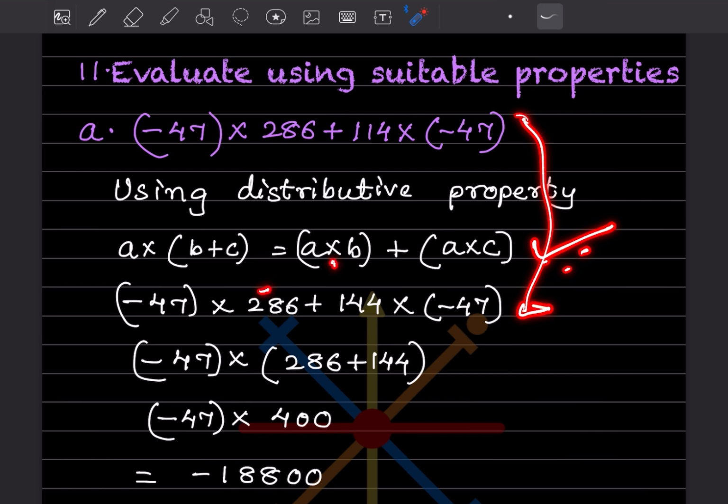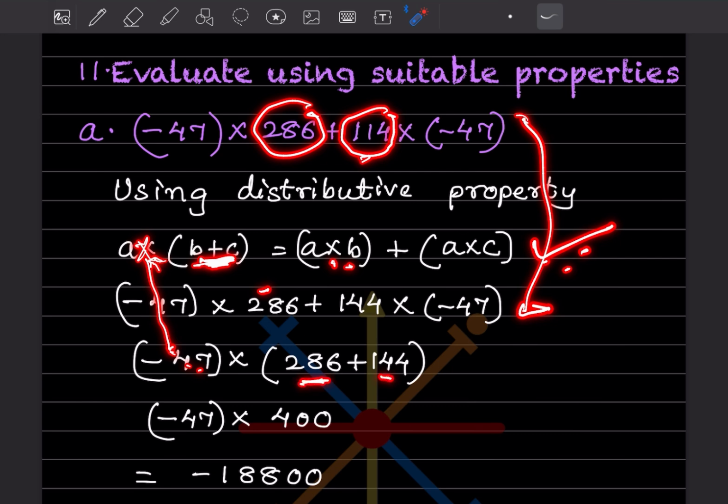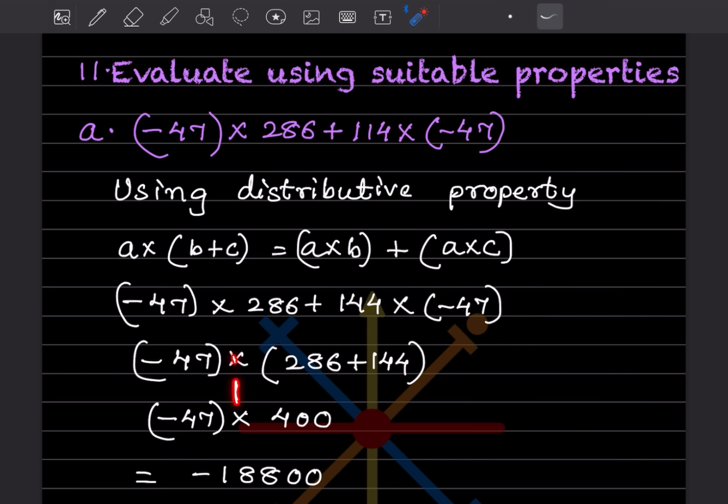So now look here, we can write this as A, that is minus 47, and this B plus C. So B plus C, this is a multiplication sign, B plus C, we know B is 286 and this is 114. So we write here 286 plus 114. So this minus 47 will remain as it is, with a multiplication sign here.